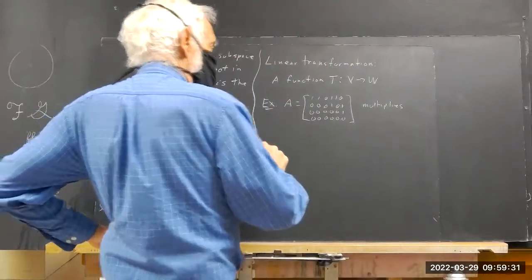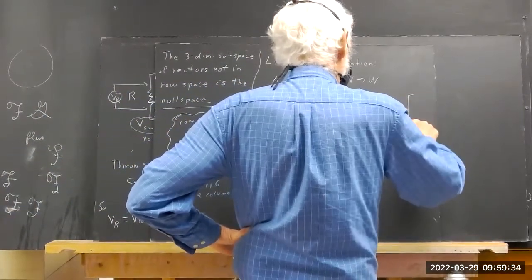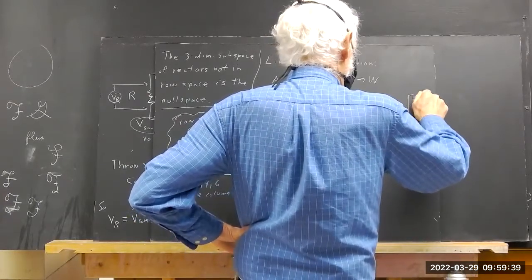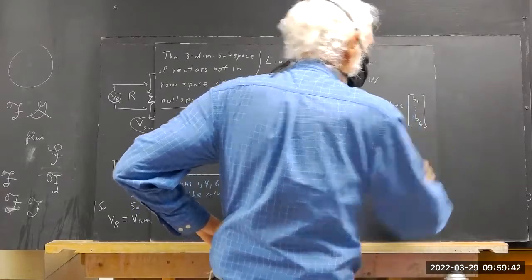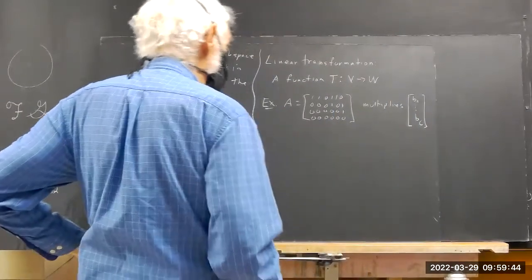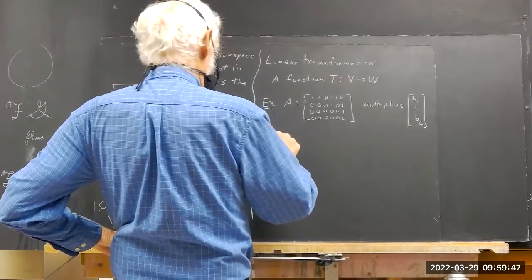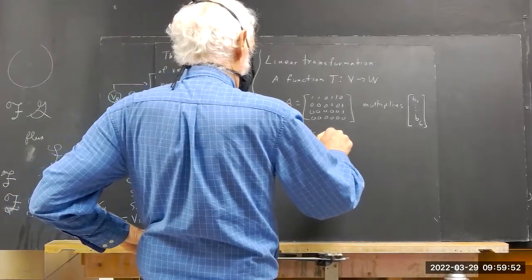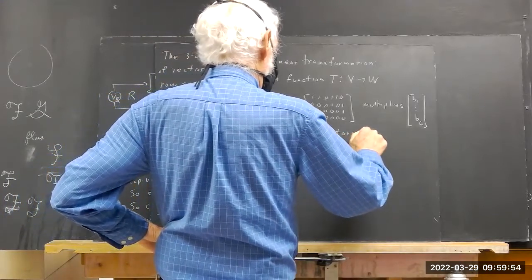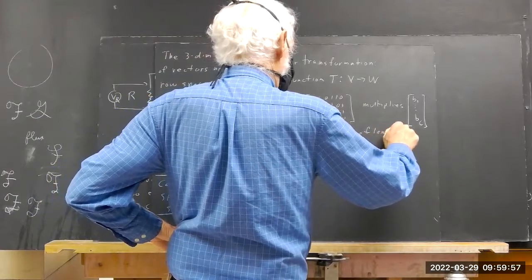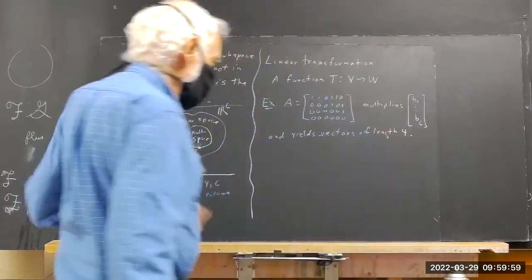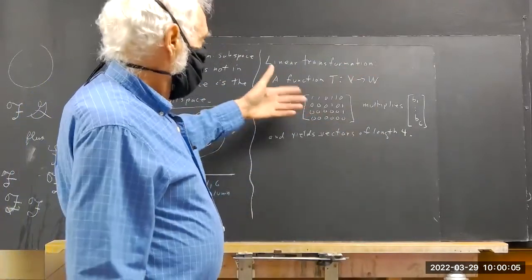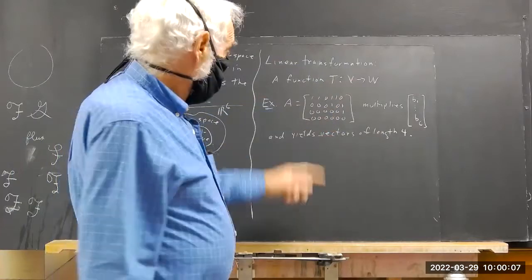It multiplies vectors B1 through B6, and yields vectors of length 4, because you've got 4 rows here, so you get a component in the product, a number for each row. Each row times a column.